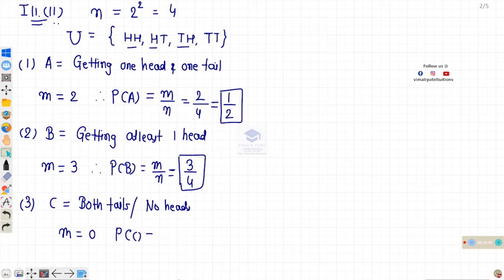Sorry, 1. This is both tails or no heads. Clear? When both heads, then also 1/4, that was HH.